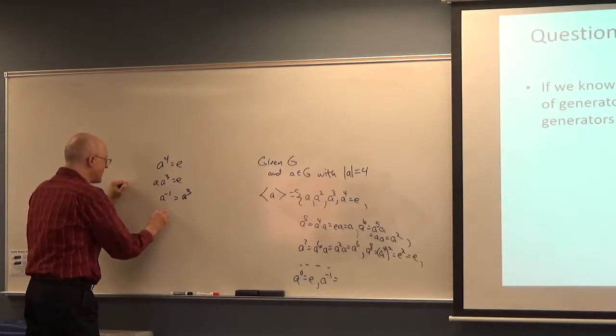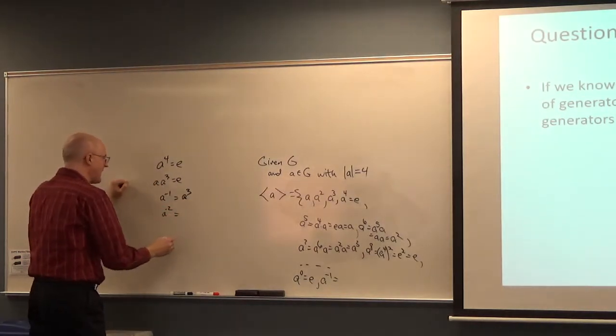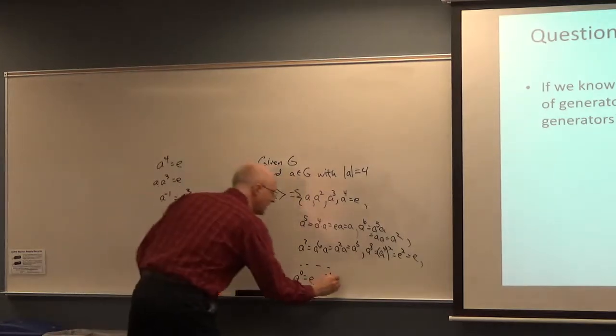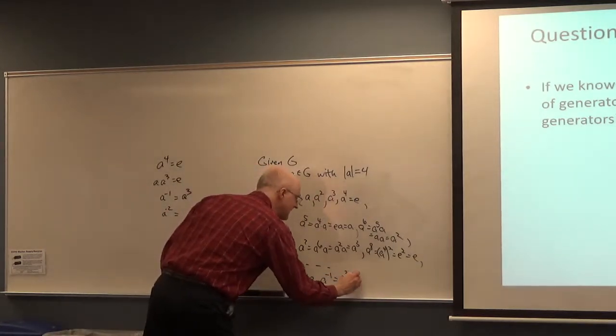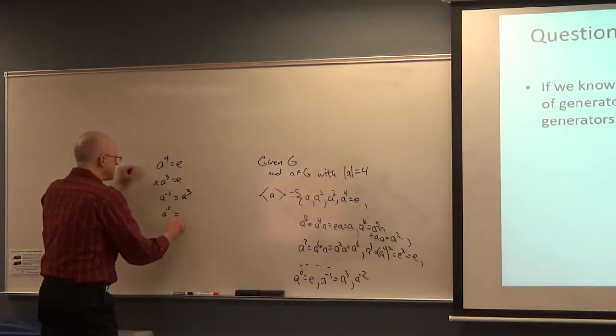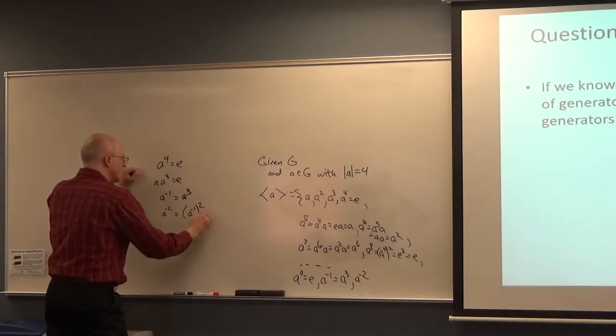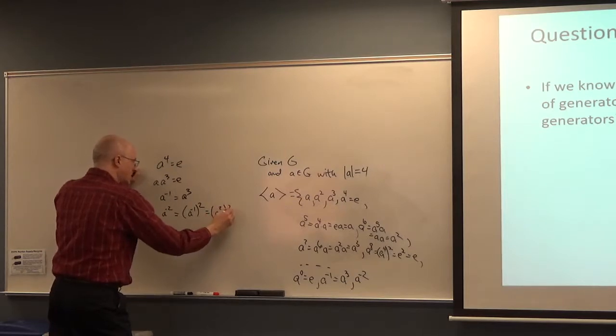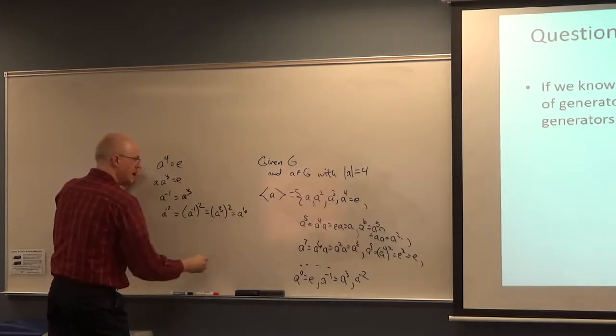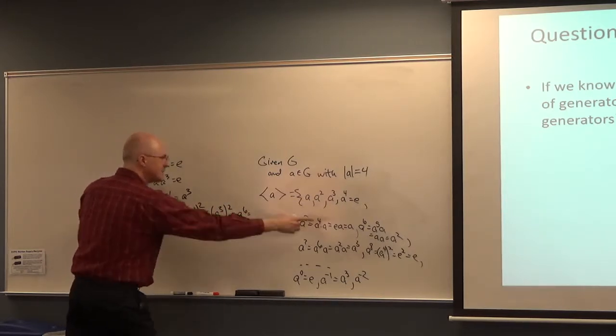And A to the negative 2 could be thought of as either the inverse of A squared, which would be A cubed squared, which would be A to the sixth, which we know is A squared.